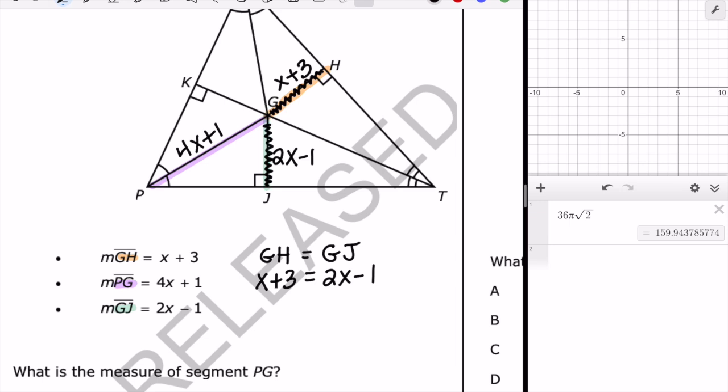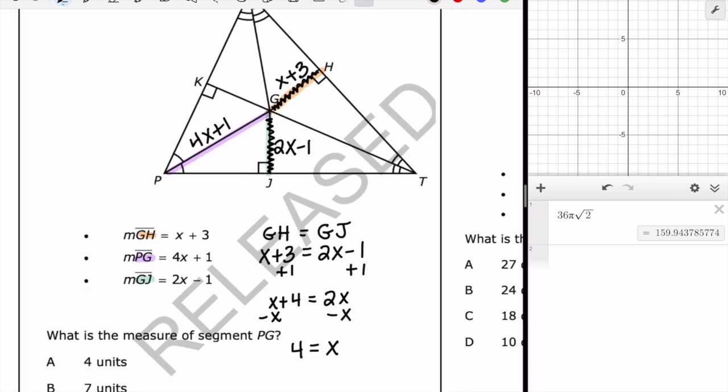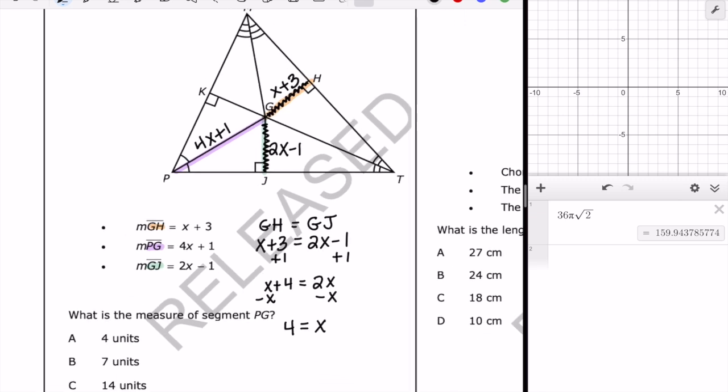You can solve that in Desmos, or you can go ahead and solve it here. I'm going to add that 1 over, so I get x plus 4 equals 2x, subtract x, and we get 4 equals x. So we now know that x is equal to 4.